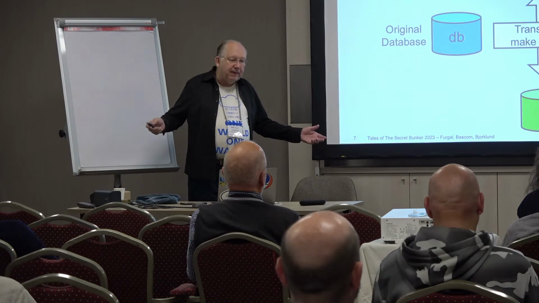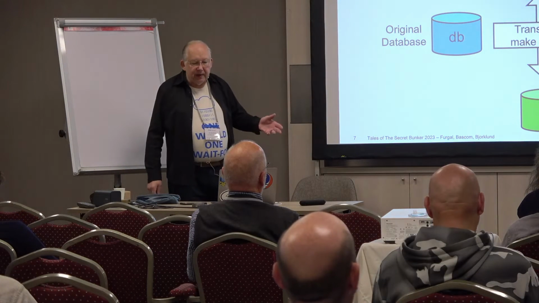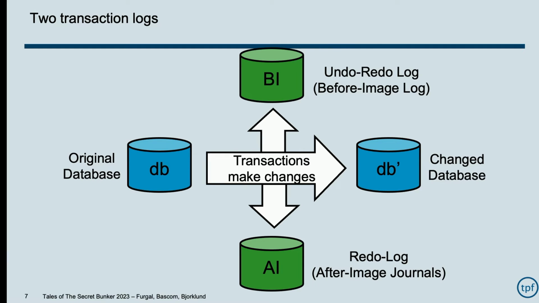So there's two types of transaction logs. There's the before image file and the after image file, or after image log. The before image log, space in there is reused, so it's only got information in it from recent transactions, active ones and also recently committed ones.